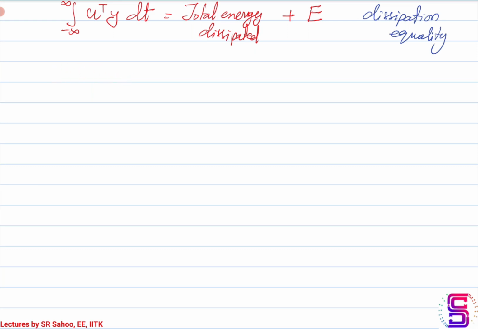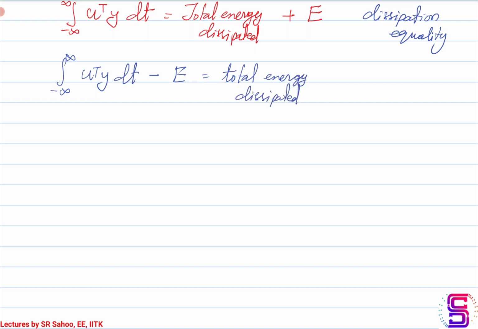So from this dissipation equality, what you see is the total energy supplied minus the energy stored is nothing but total energy dissipated, and the energy dissipated is always greater than or equal to 0.